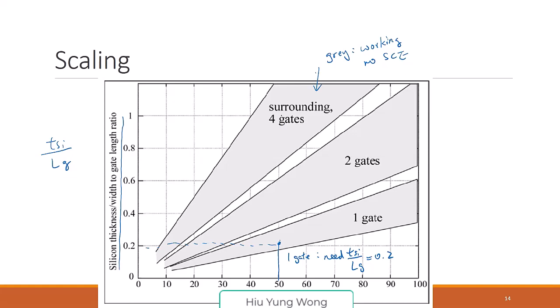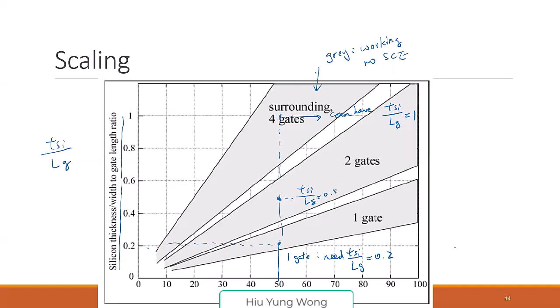If I have 4 gates, for example, I can have TSI divided by LG equal to 1. So basically, I'm allowed to do this. Okay, I don't want to draw 4 gates, right? Let me stop here. Let's say 2 gates. TSI divided by LG equals 0.5. So what does it mean?